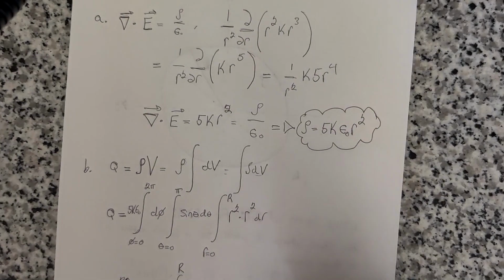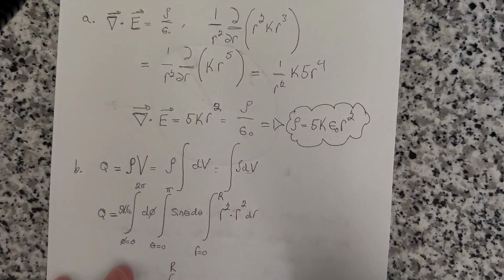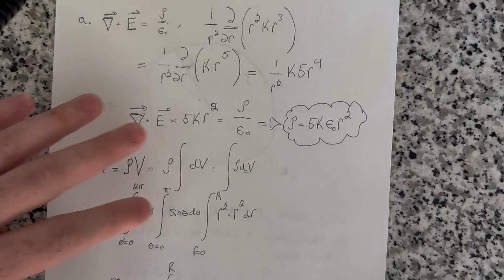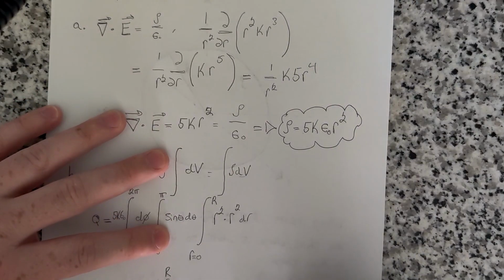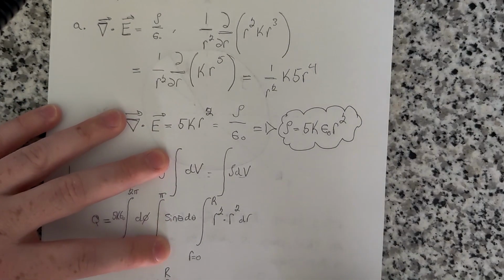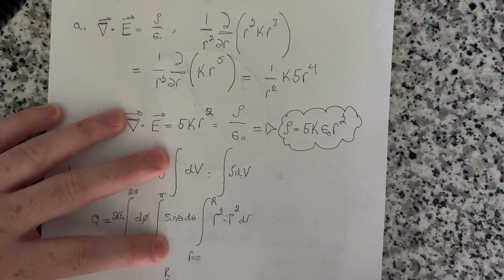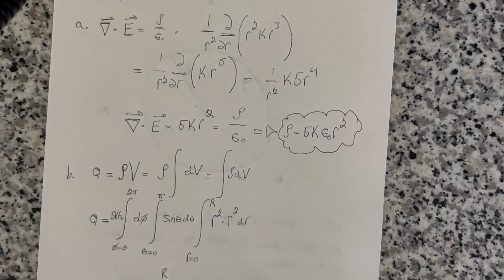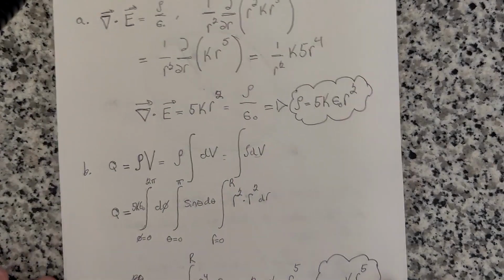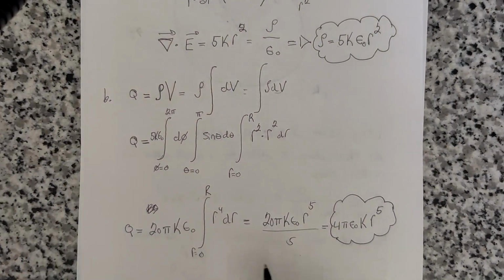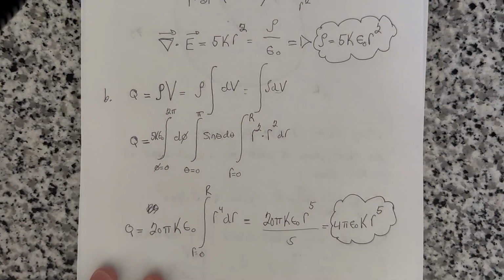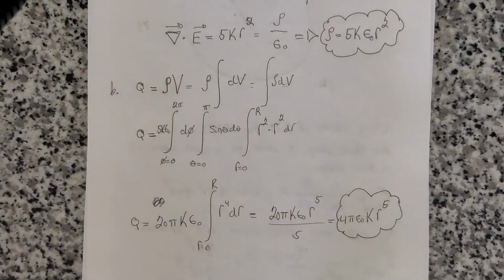So 20 divided by 5 is 4. So this is just equal to 4 pi epsilon naught k r to the 5th. And this is the total charge contained in some sphere of radius r surrounding our charge density. All right, so that's the method of direct integration.